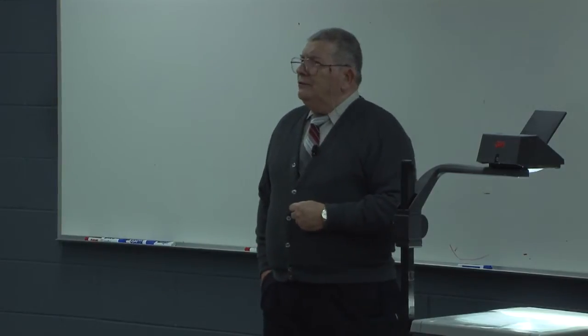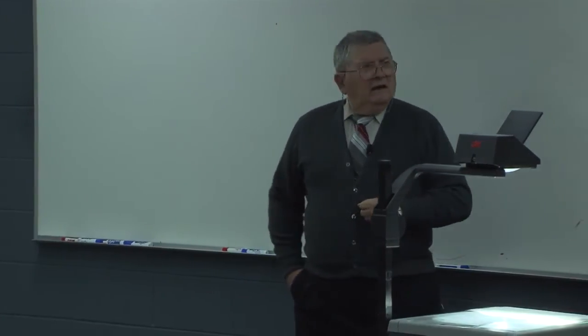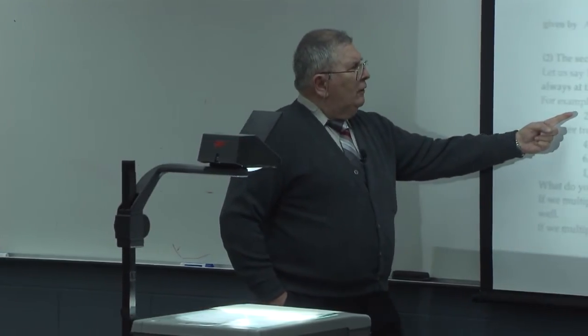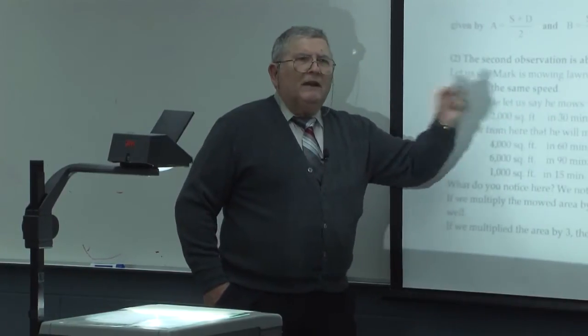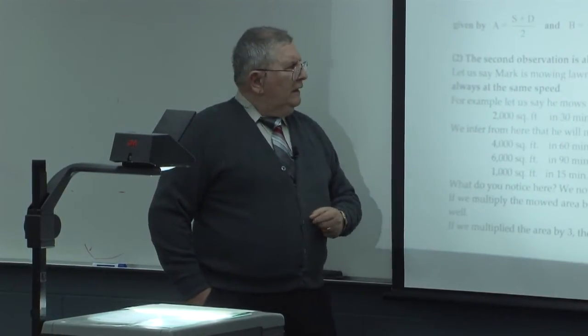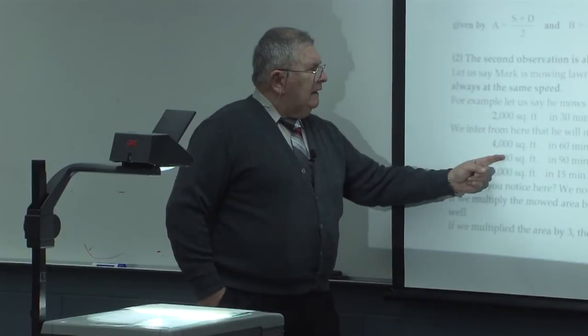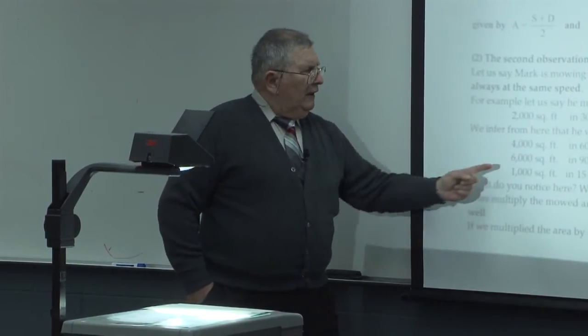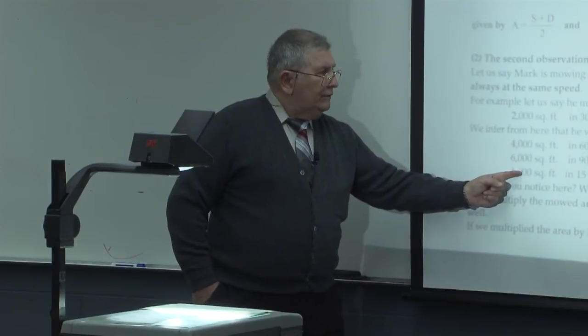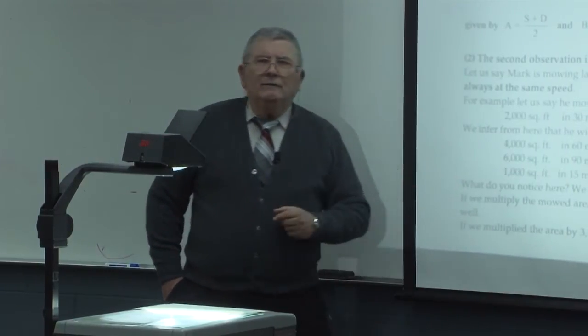What do you see here? You see that if I multiply this by 2, this number multiplies by 2 as well. If I multiply by 3, this number multiplies by 3 as well. If I divide by 2, this number divides by 2.